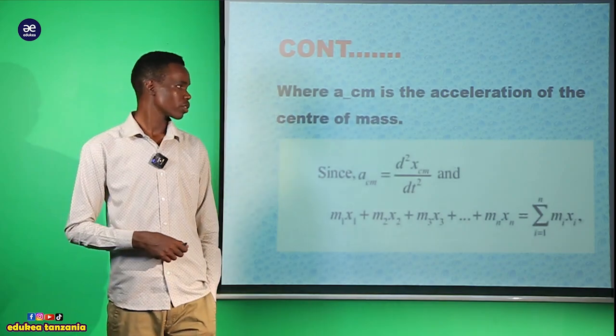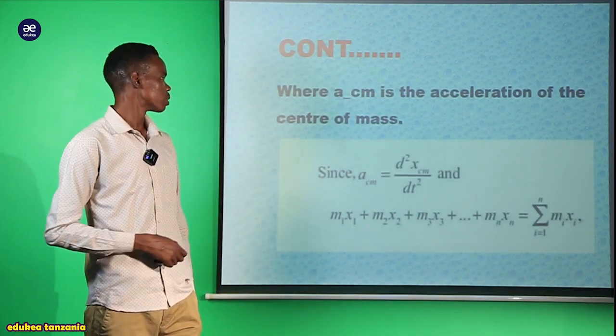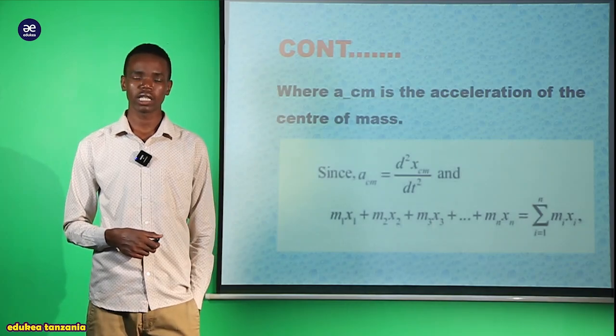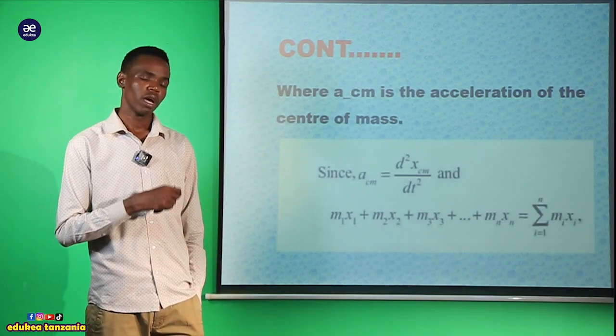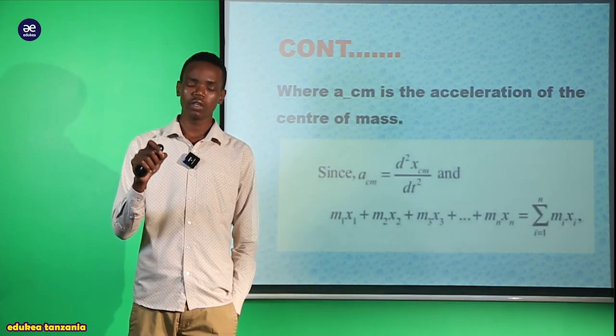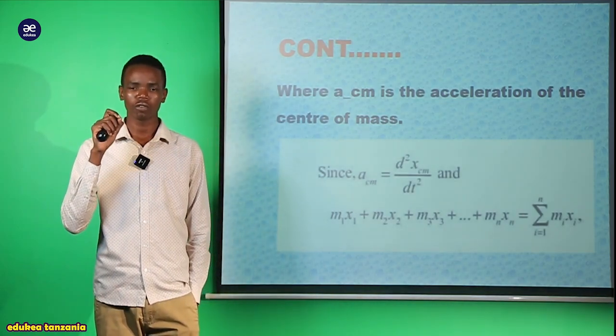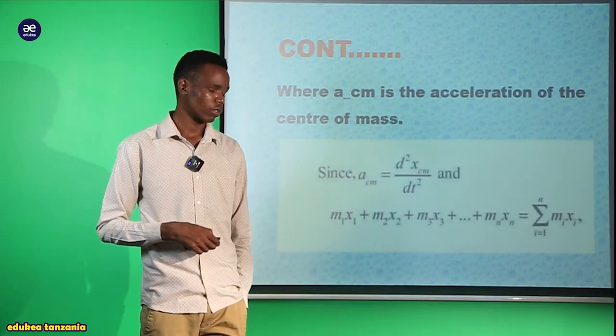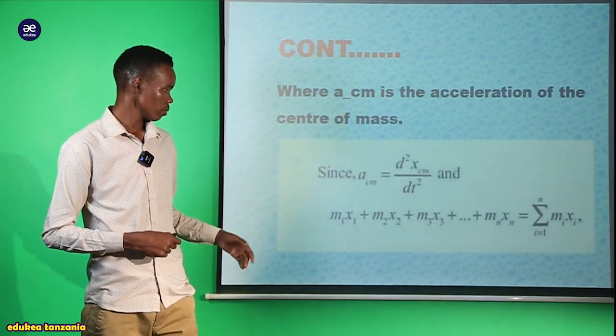So after that, my dear student, as we observe, a_cm represents the acceleration of the center of mass. As I told you, this a_cm stands for the acceleration of the center of mass.